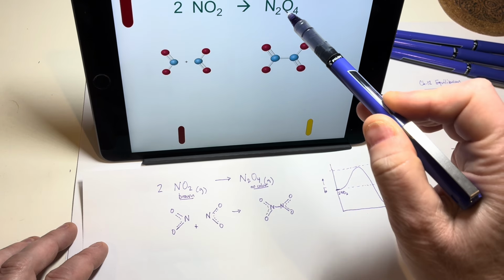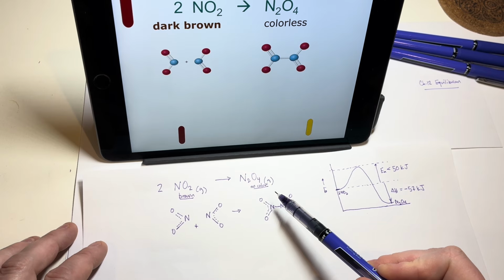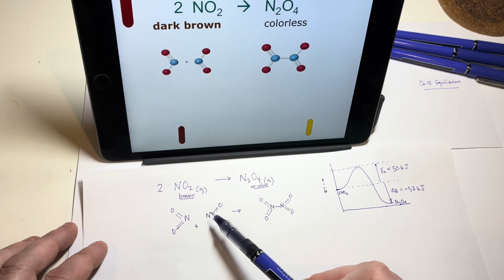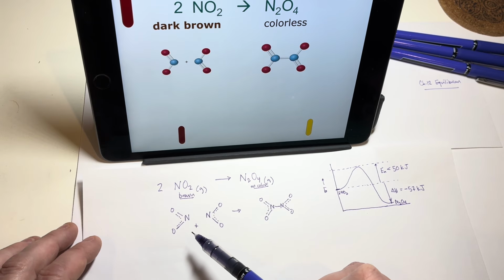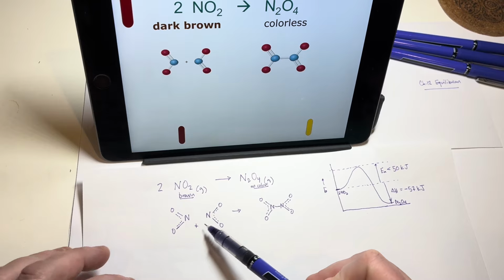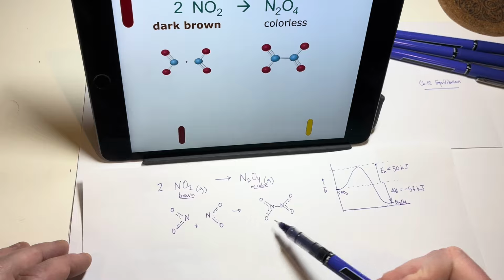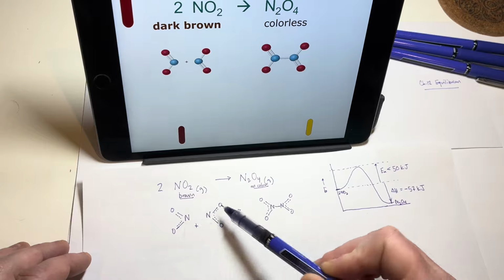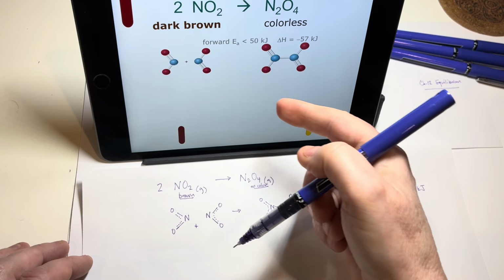They can join up to become N2O4, which is a colorless gas. It has no color. So we start with some dark brown. If we had a mixture of a whole bunch of these NO2s, we'd have a dark brown mixture, a bottle of brown gas. And if it reacts, then it should be producing some of this colorless gas, right? So some of the dark brown color should go away and we start getting no color.